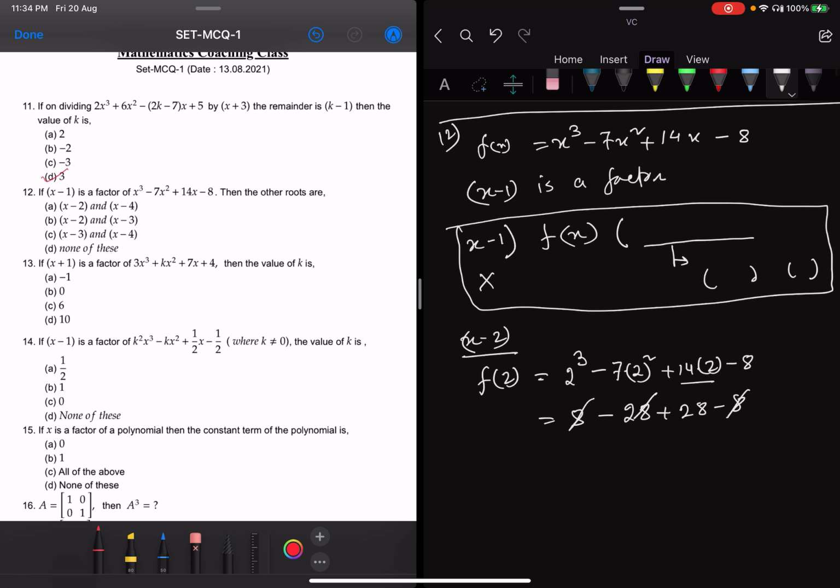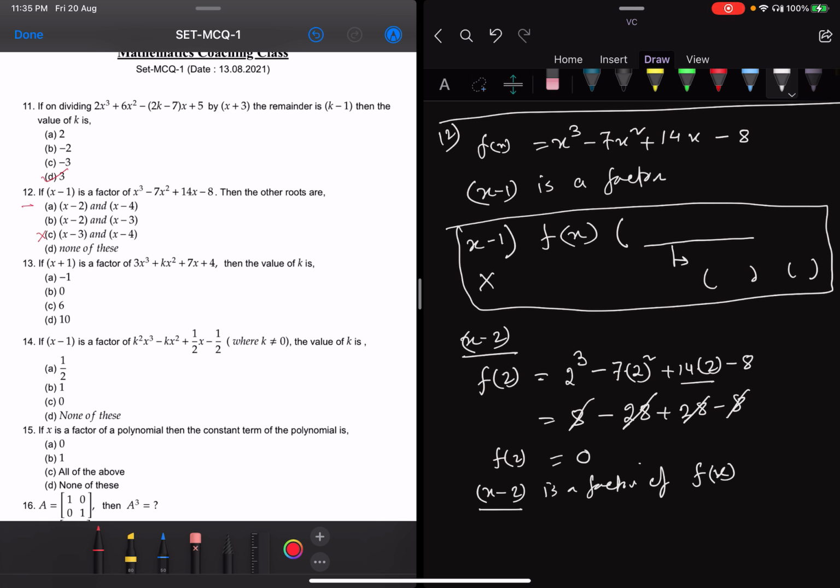That means 8 and 8 cancel out, 28 and 28 cancel out. It's 0. F of 2 equals 0. That means x minus 2 is a factor of f(x). Now you can clearly see that as x minus 2 is a factor of f(x), we are sure that this option should not be correct.